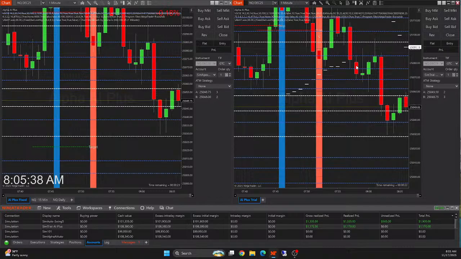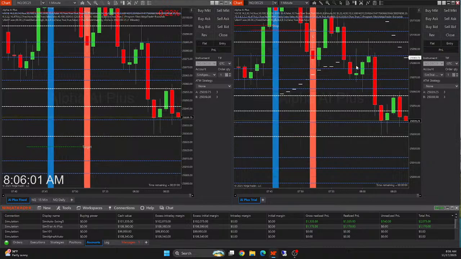Now it's chopping between the 2 lines for the daily. Keep moving down.